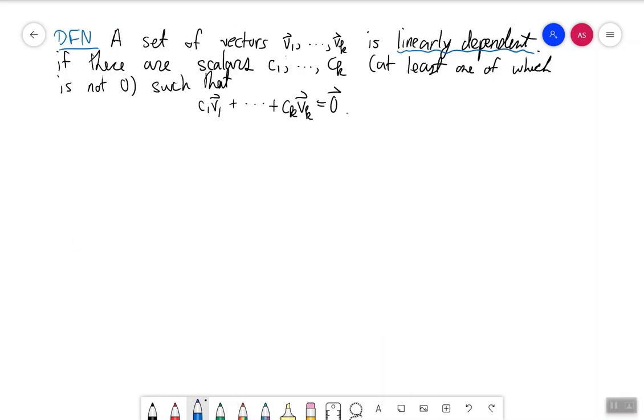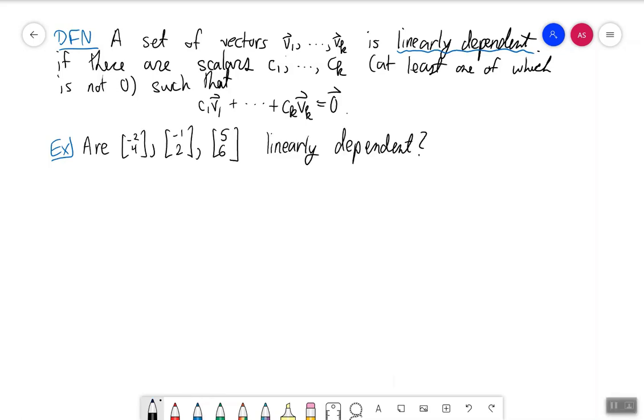So let's take a look at an example. Are (minus 2, 4), (minus 1, 2), and (5, 6) linearly dependent? Well, we can take a look at these for a moment, and I'd encourage you to pause the video here to figure out whether you think they are linearly dependent or not. Okay, now that you're back, let's see.